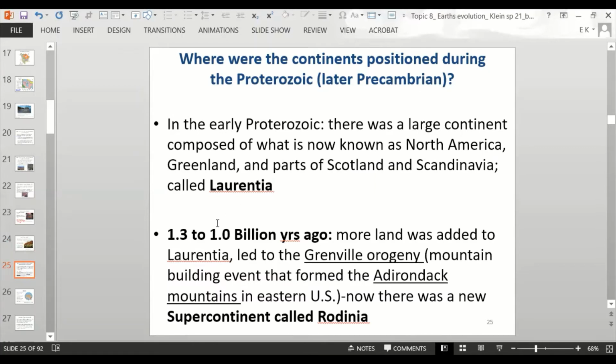1.3 to 1 billion years ago, more land was added to Laurentia, which led to the Grenville orogeny. That is the mountain building event that formed the Adirondack Mountains in eastern US. Once this Grenville orogeny happened and the extra land was added to Laurentia, we now had the formation of a supercontinent called Rodinia.